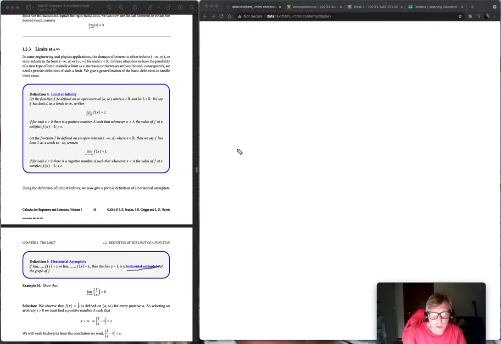You're familiar with that before. We saw that in Desmos just a little while ago, that we're approaching a horizontal asymptote of some sort. Like the function y equals 1 over x has a horizontal asymptote on the right side of x equals 0.